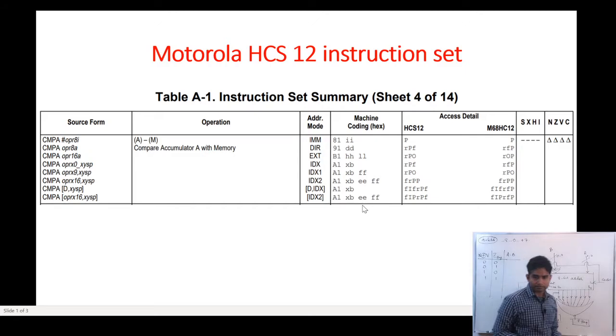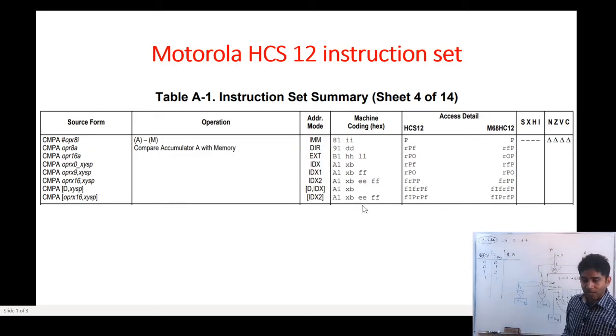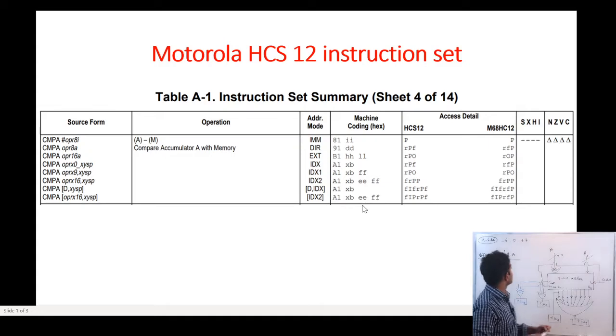Okay. All right. If N exclusive OR V is 0, we've already seen that corresponds to A larger than B. Right? Okay. N exclusive OR V equal to 0 implies A larger than B, and N exclusive OR V is 1 indicates A is less than B. Okay.